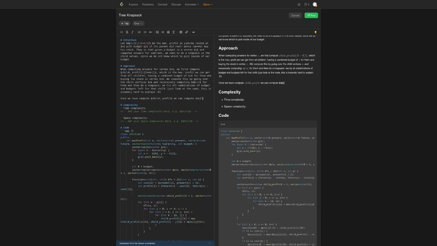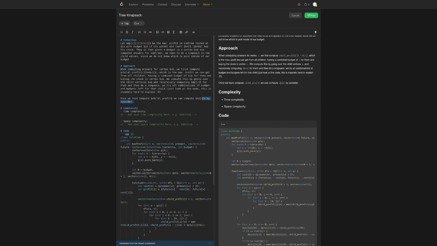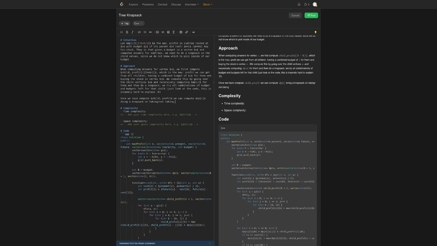We can compute dpv by doing a knapsack on taking or not taking the current vertex.